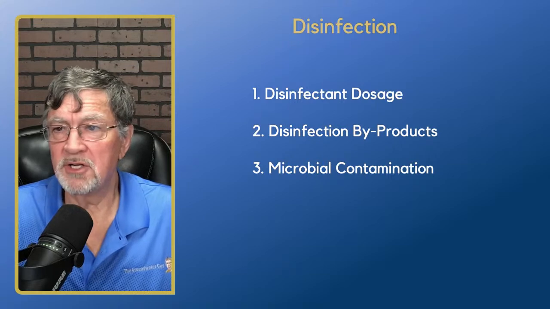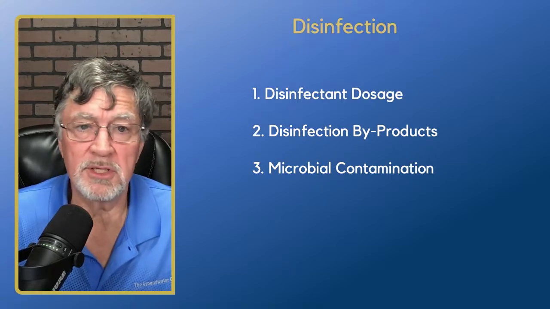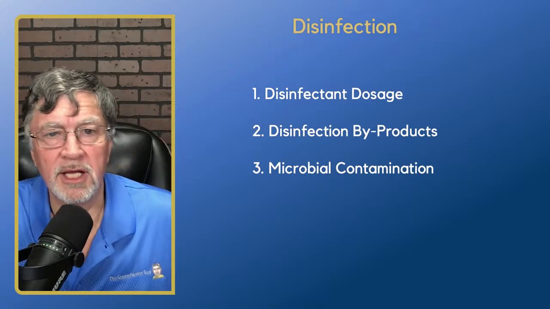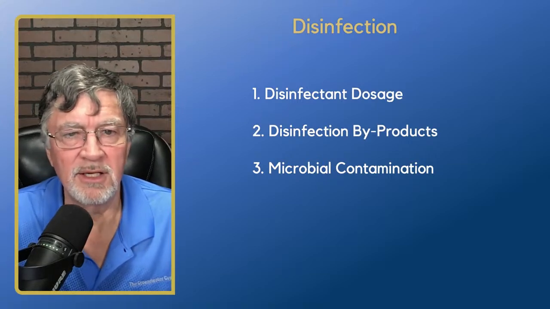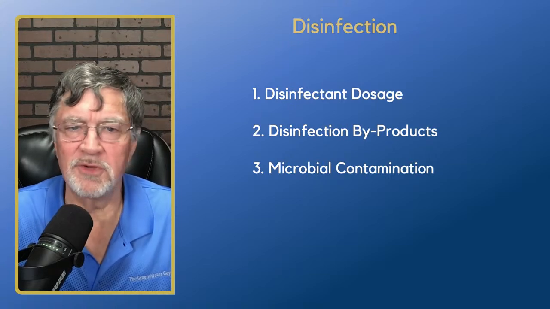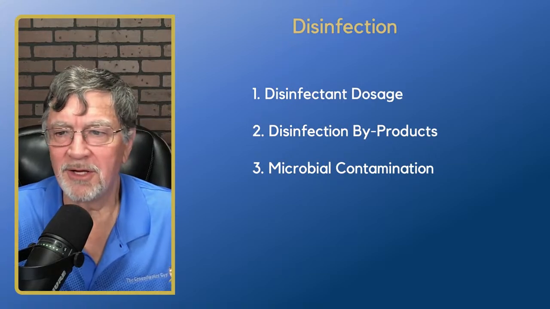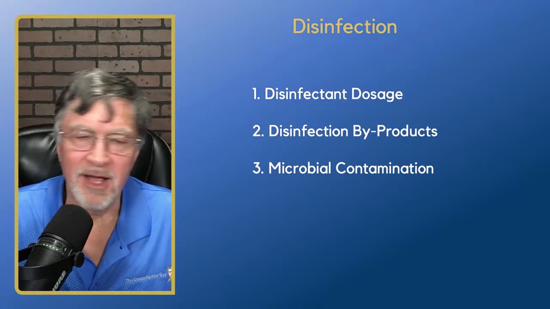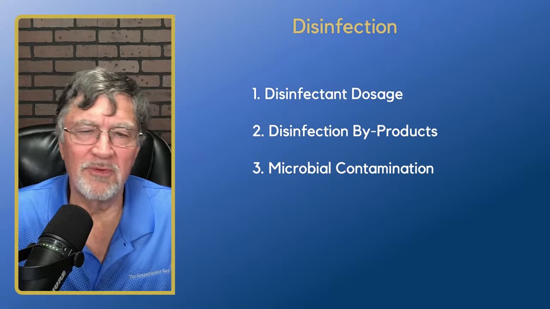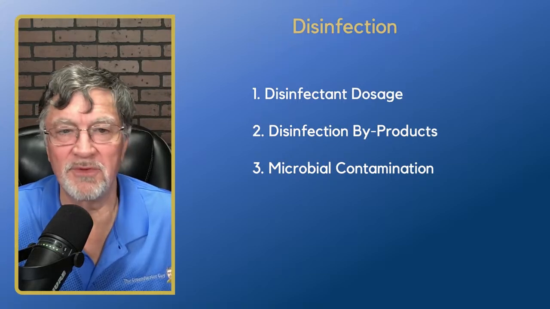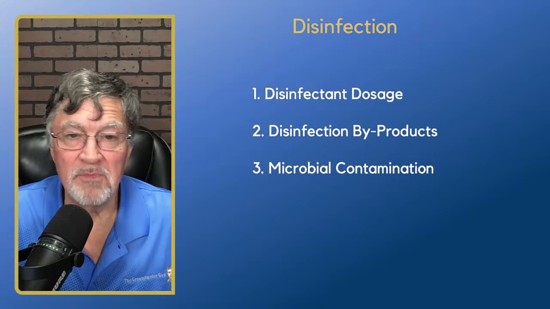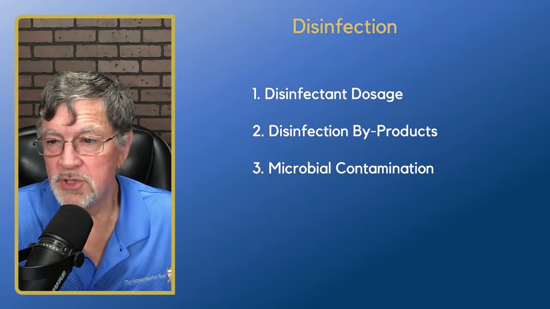Disinfection byproducts are a big deal, especially if you're using surface water. The total organic carbon content and the chlorine compounds you use for disinfecting your water interact to form trihalomethanes and haloacetic acids, which are together referred to as disinfection byproducts, and those are regulated, and so we need to track those.